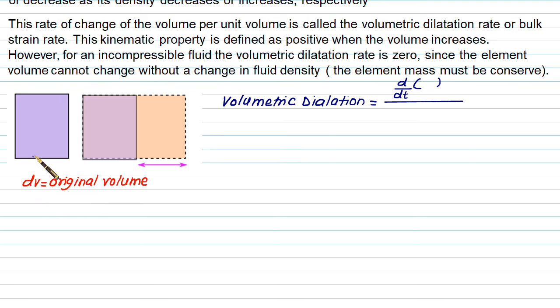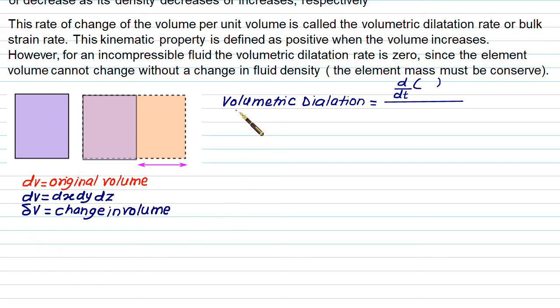So if the fluid element has dimensions dx, dy, dz, then the product dx dy dz represents the original volume, and we represent delta V as the change in volume, which can be calculated on the basis of the strain along the x direction, y direction and z direction.